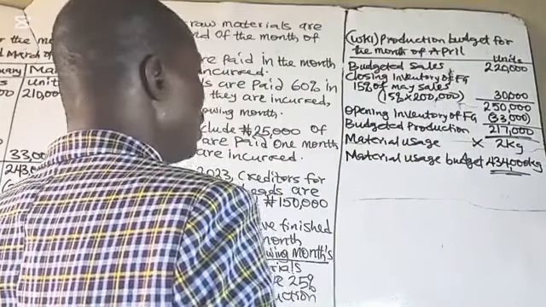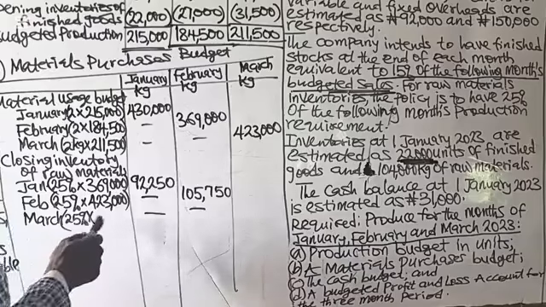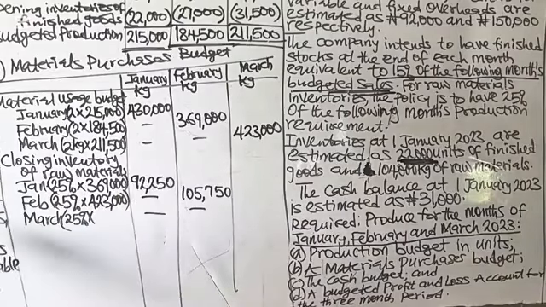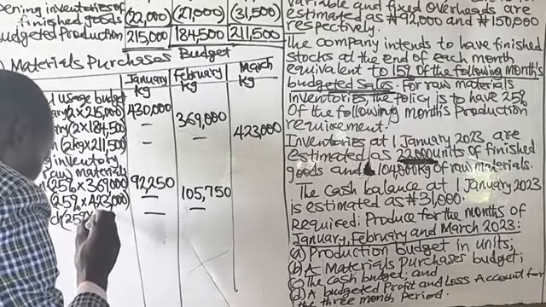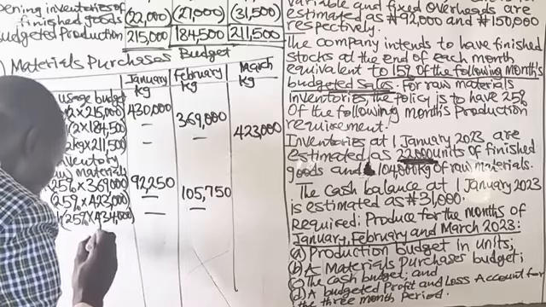That is the production requirement in the month of April. That is work number 1.